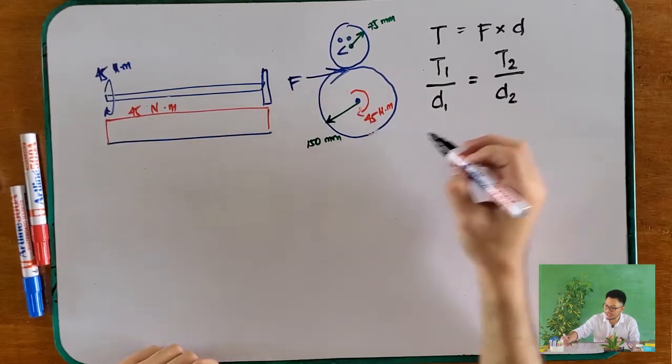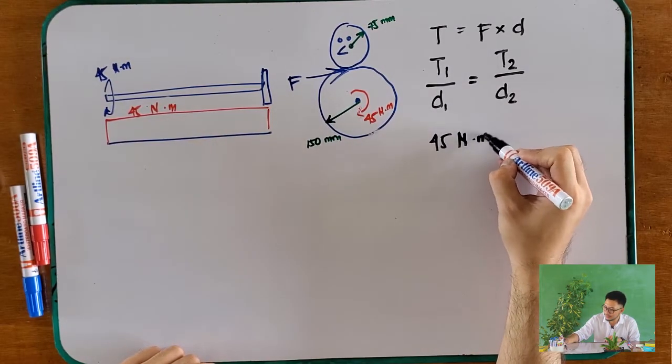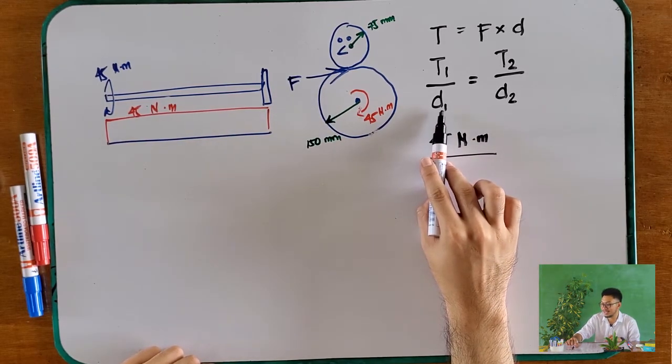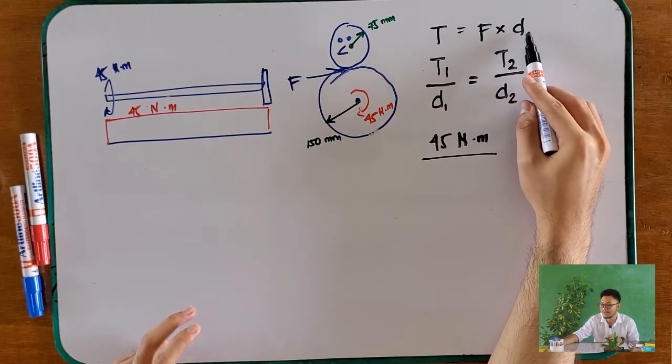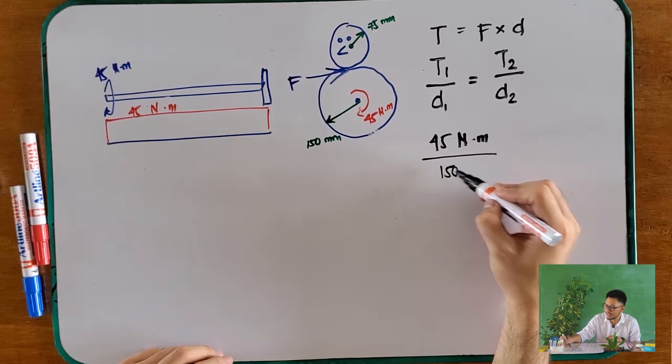Your torque 1, which is 45 Newton meter, your diameter, or let's say your radius na lang, yeah, ang radius man gud, di diameter. So this is 150 millimeters.